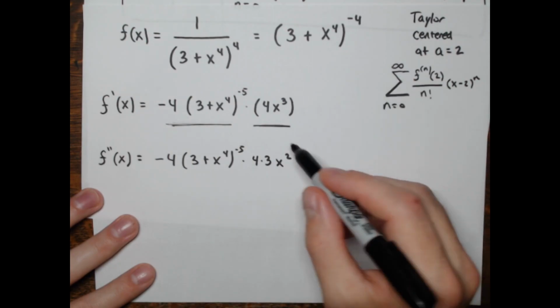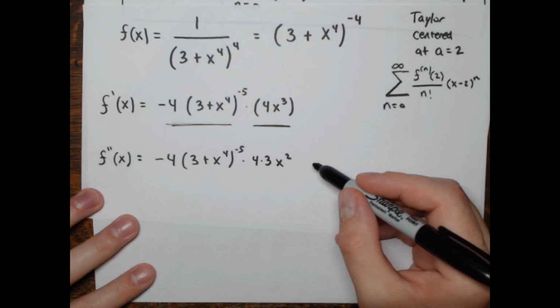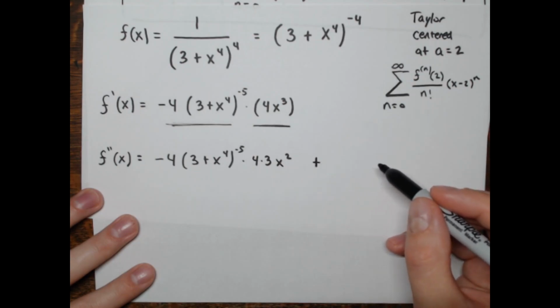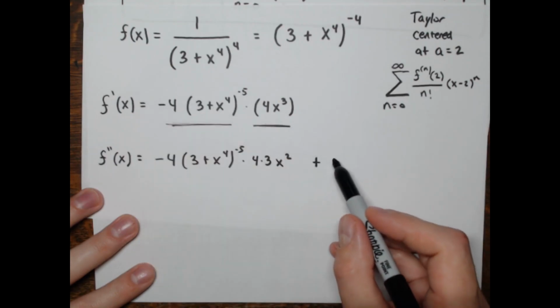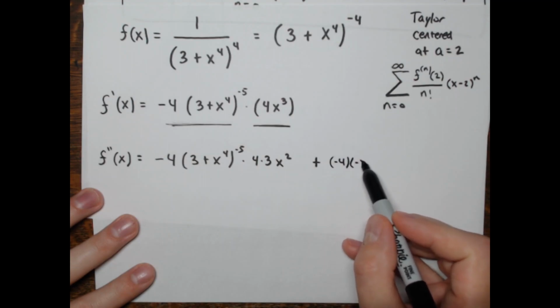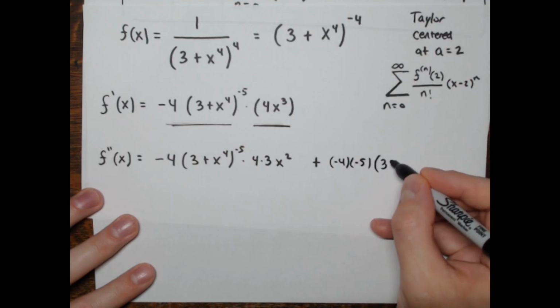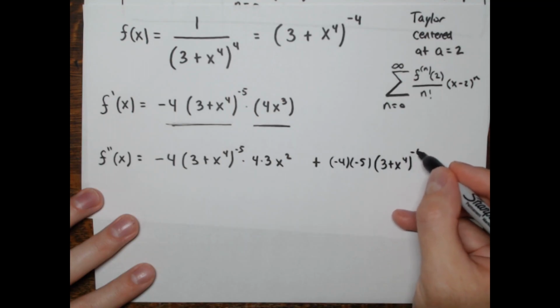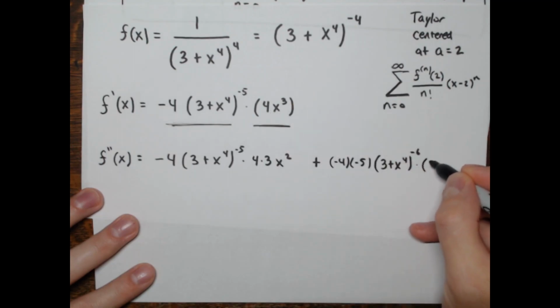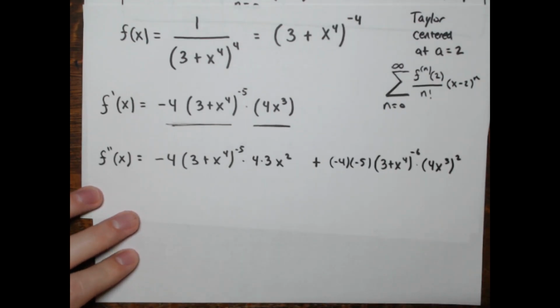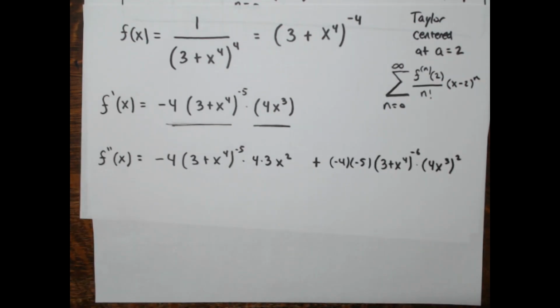And so first times the derivative of the second, plus the second times the derivative of the first. Now the derivative of this first thing I'm going to write as -4 times -5 times (3 plus x to the fourth) with -6 as the power, and then times 4x cubed, and you had the 4x cubed from earlier, so times 4x cubed squared. Hmm. This isn't pretty.